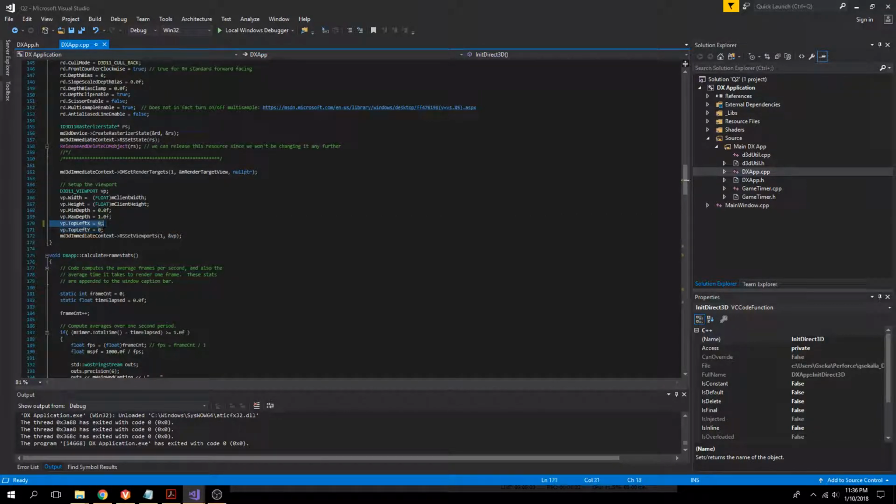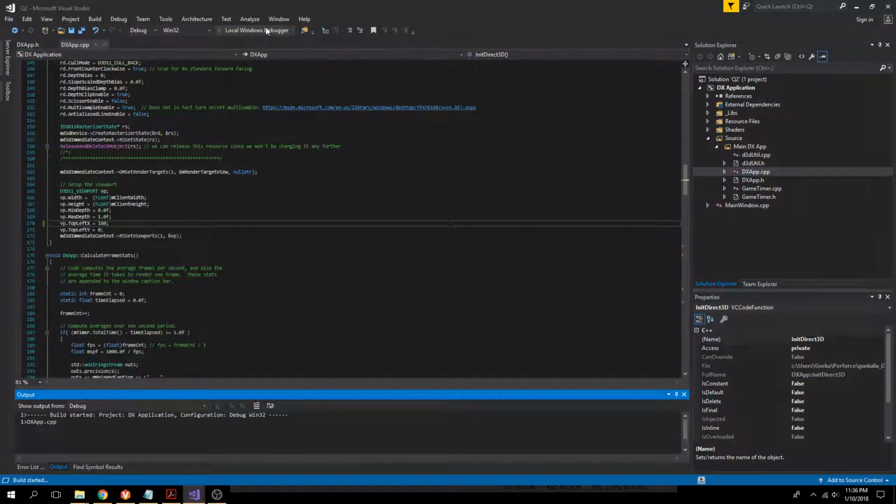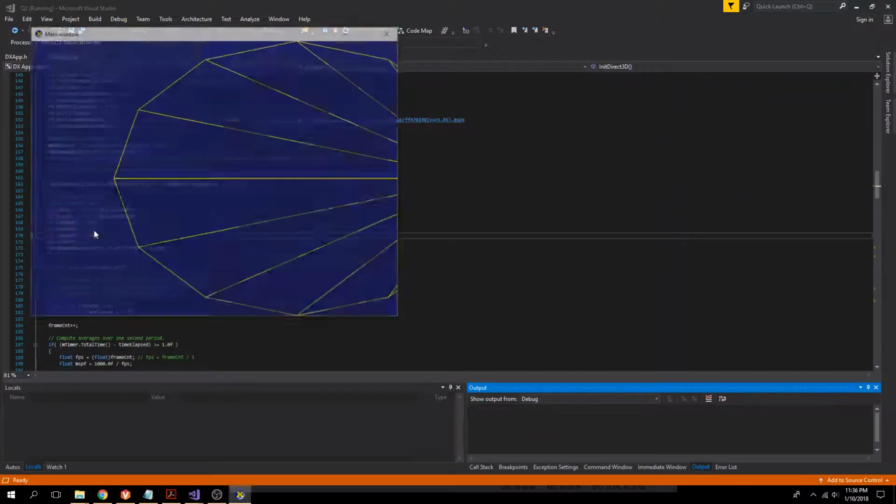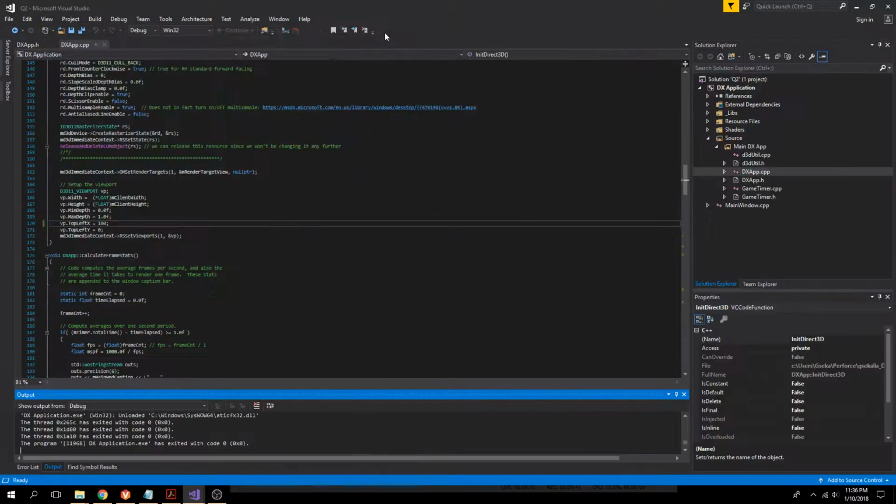So changing the viewport. What I found was the viewport takes up, I want to say it's pixel measurements. Yeah. Okay.